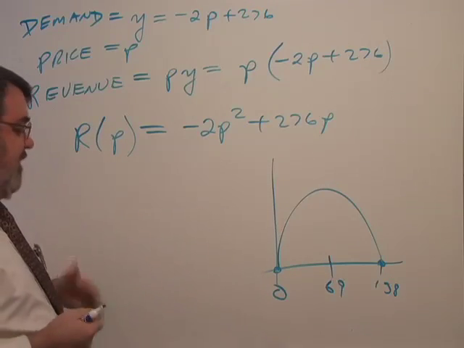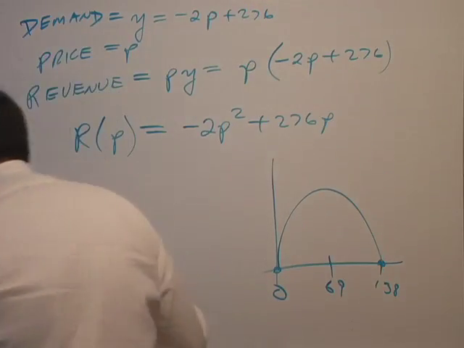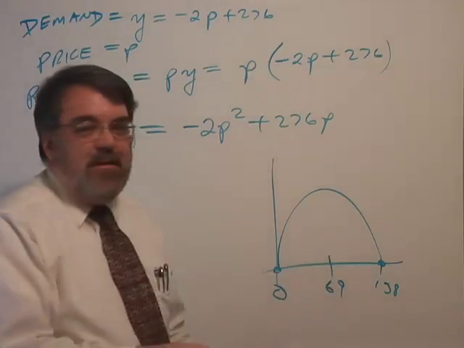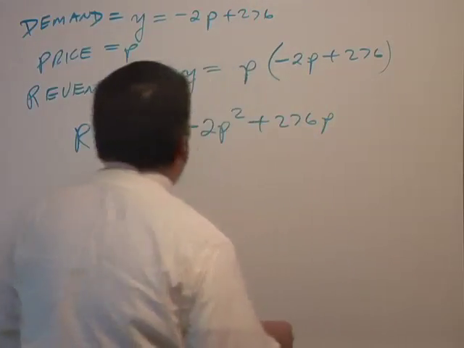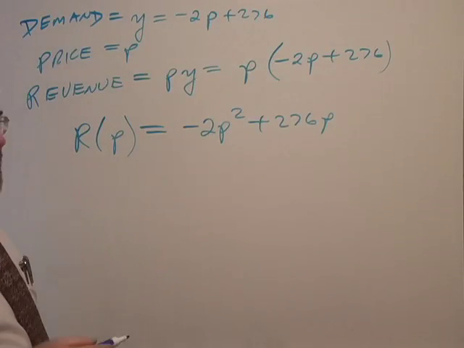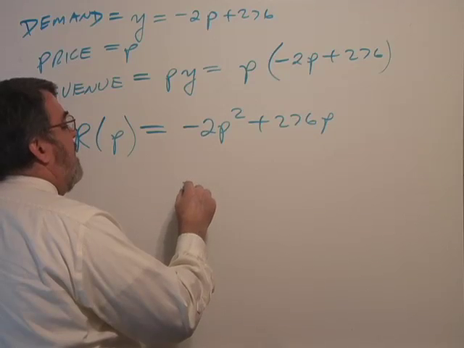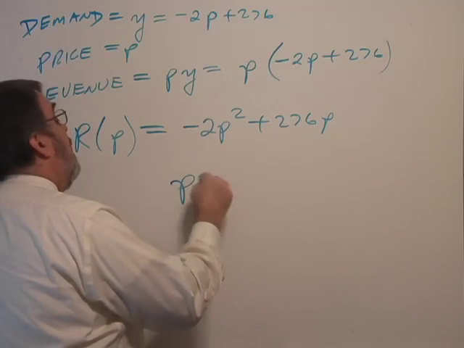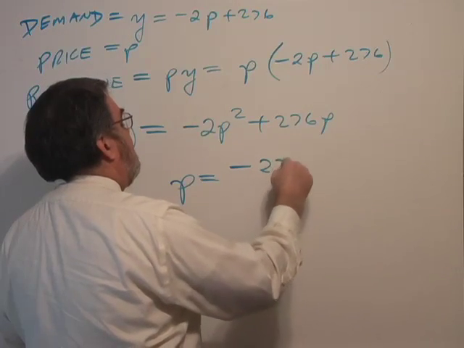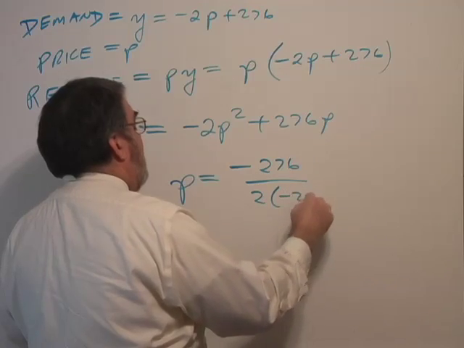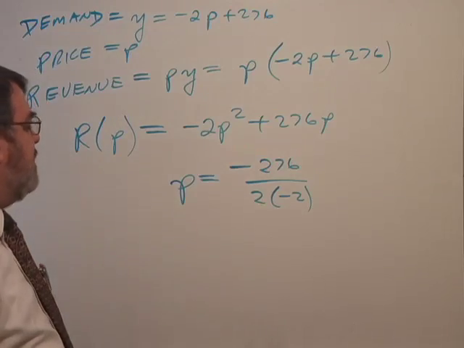But just for the sake of completeness, let me do this the more conventional way and see if we get 69. I like to do it this way myself personally. You may or may not be very comfortable with that. So we could say, well, let's find the vertex, and the vertex would be, well, P instead of X. P would be minus B over 2 times A. All right, so A is negative 2, B is 276.